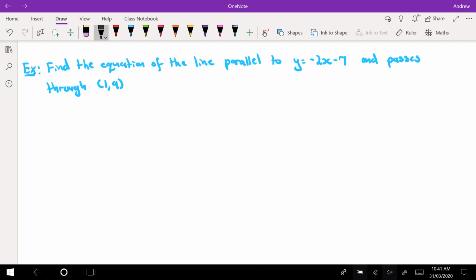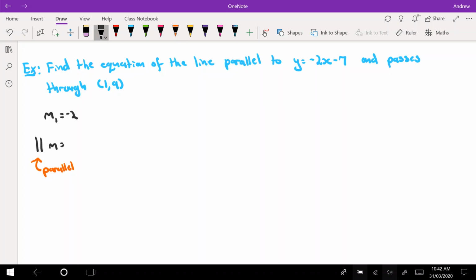Well, we know straight away m1 equals -2. This line is written in gradient intercept form, and so I can write it as the gradient is -2. Well, if my line is parallel, I'm going to write 2 lines there, and that is the symbol for parallel, 2 straight lines.